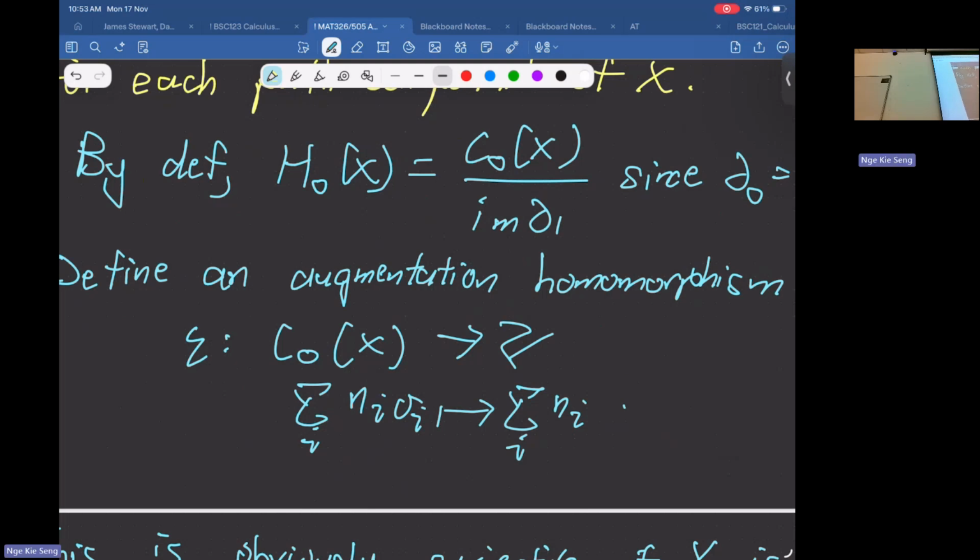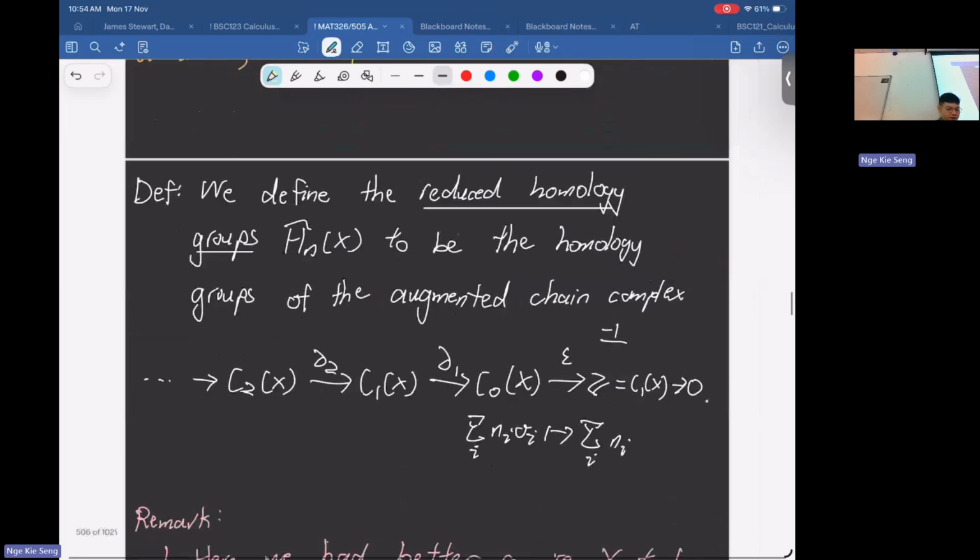Actually, you can think of it as the empty set. Later we will talk about it again, but this is one way to extend our chain complex in the negative direction. And if we extend this, we will get something called reduced homology.